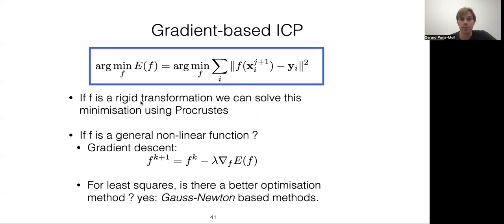If f is a rigid transformation, that's Procrustes, no problem. But if it's a nonlinear function, you can do gradient descent. So, fixing the correspondences, we can obtain the new transformation by taking the gradient of this E with respect to f, okay?